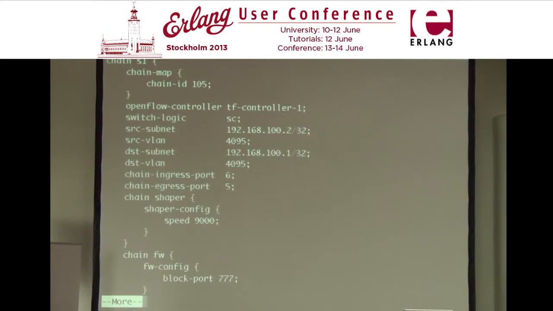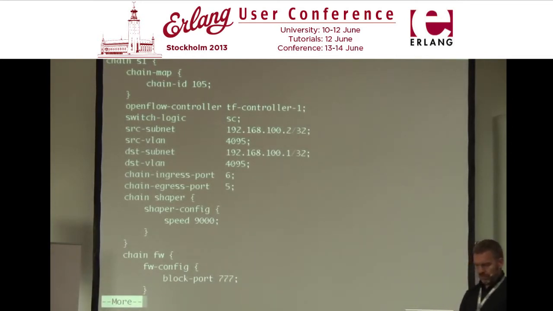And what's going to happen then is that we have two devices. It's going to go first through the shaper and then through the firewall. And we also know the ingress port of the traffic in the switch. It's port number 6, and the egress port is port number 5. And elsewhere we have information about what ports the devices are sitting on.